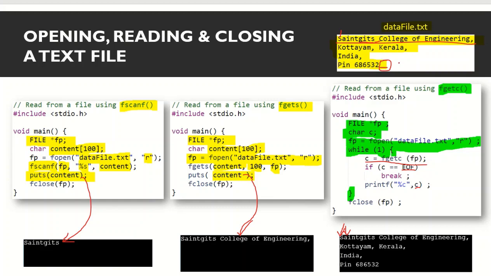So it will read that end of file character. When it encounters it, the break statement will be executed and it comes out of the loop. And at the end it will execute fclose fp to close the file. I forgot to say, in the previous two cases also the fclose operation is executed.